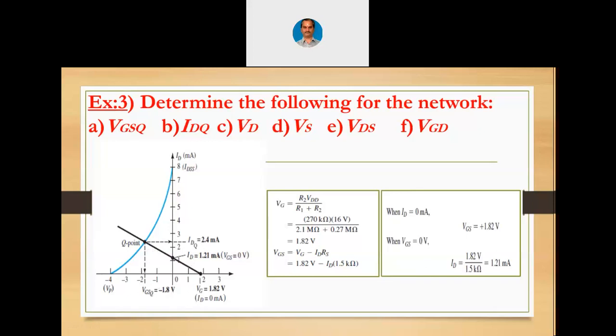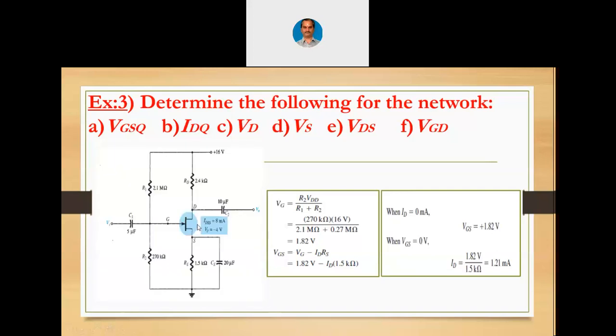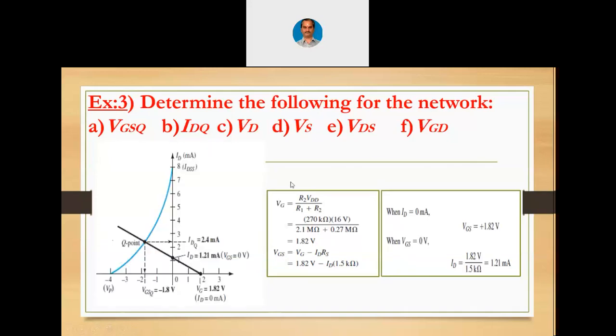Now I will go back to the previous circuit diagram. I want you students to tell me the answers for VD, VS, VDS and VGD. Note down this value: IDQ is 2.4 milliampere and VGSQ is 1.8 volts.